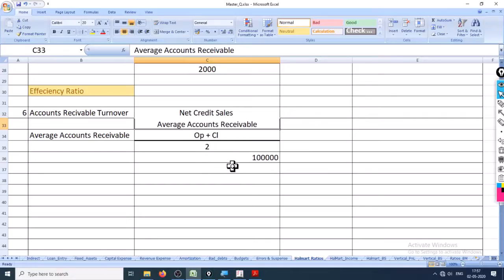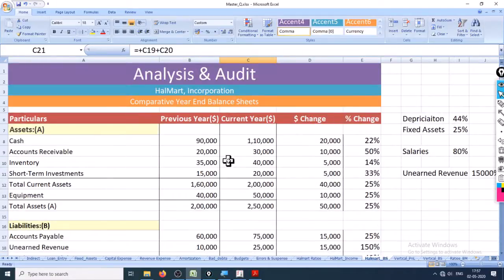Average accounts receivable. Now how to calculate average accounts receivable? That is the opening accounts receivable plus closing divided by 2. So how much is the opening accounts receivable and how much is the closing accounts receivable?